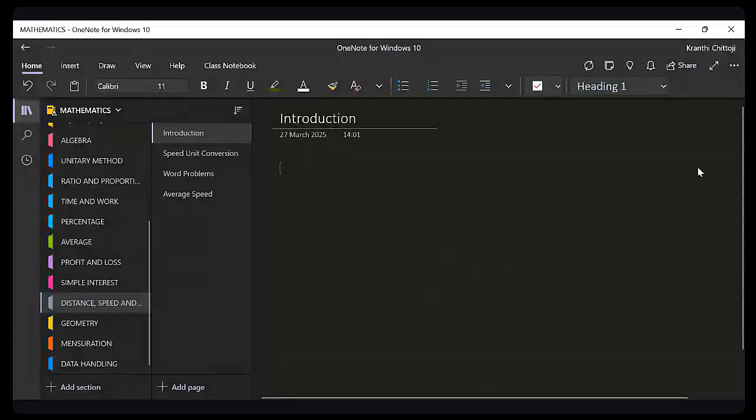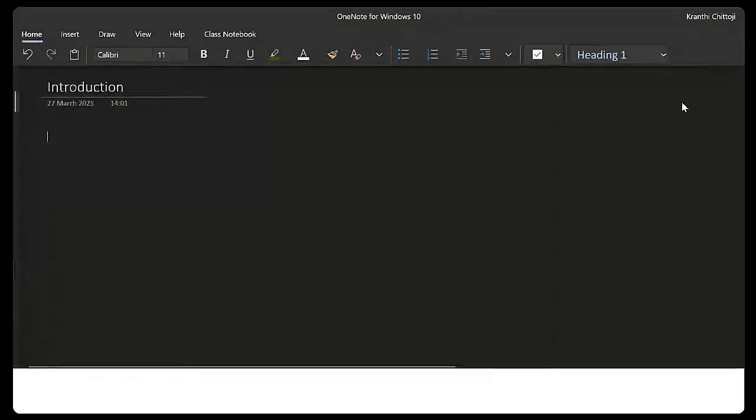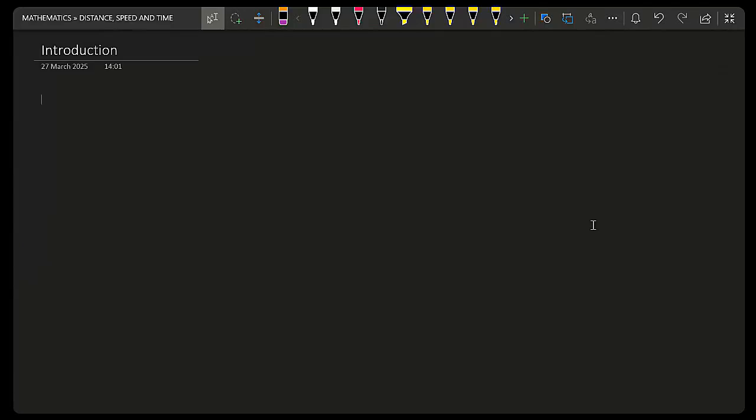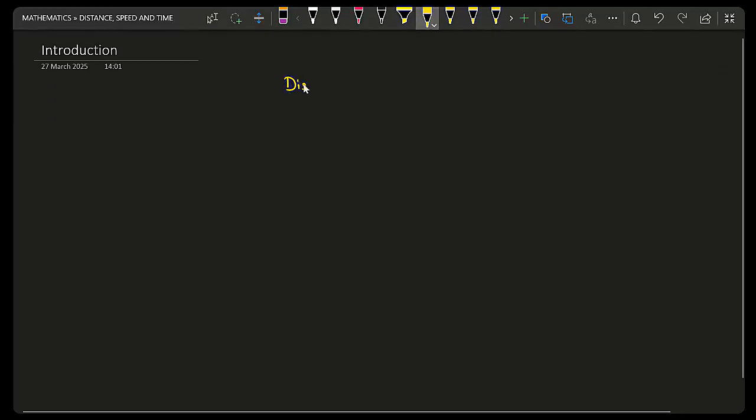Today we are going to start the new chapter, distance, speed and time. Distance and time conversions we have already studied in the chapter conversions, and speed will be involved here.